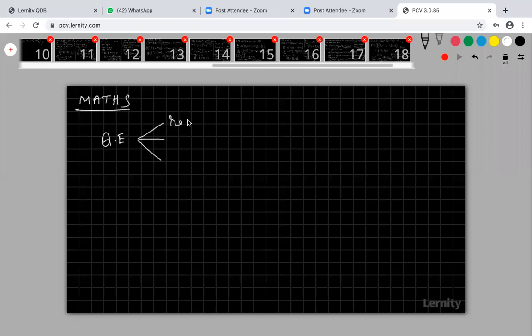One is real and unequal roots, then real and equal roots, and the third one is complex or imaginary roots.